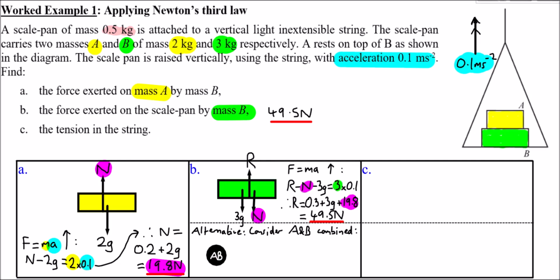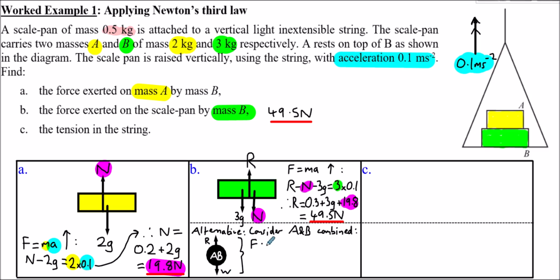So obviously on AB, there's going to be a weight, which makes it go downwards. And there's going to be, if anything in contact to push it up, the scale pan itself. So what I'm going to do here is call this here the reaction, and here's the weight.